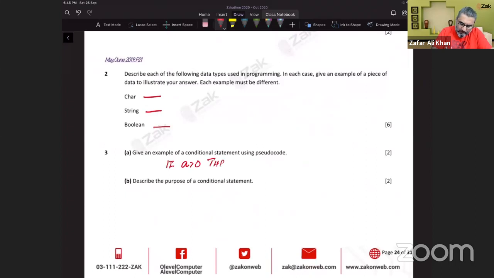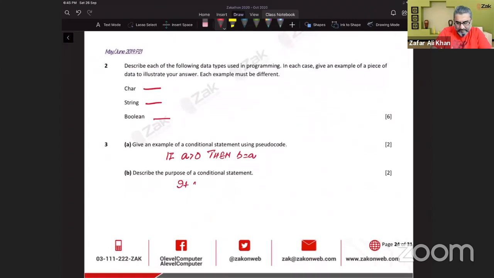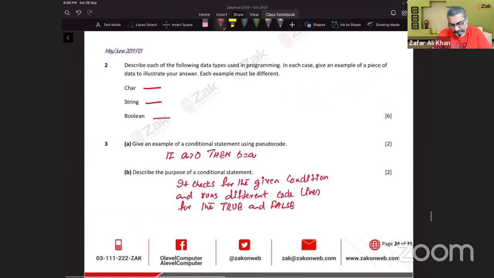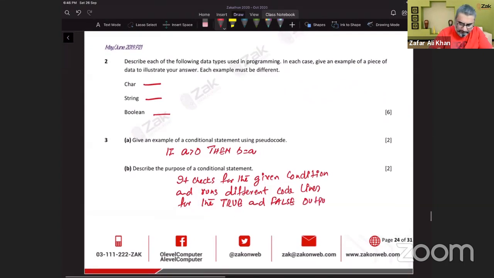It checks for the given condition and runs different code lines for the true and false outcomes of the condition.